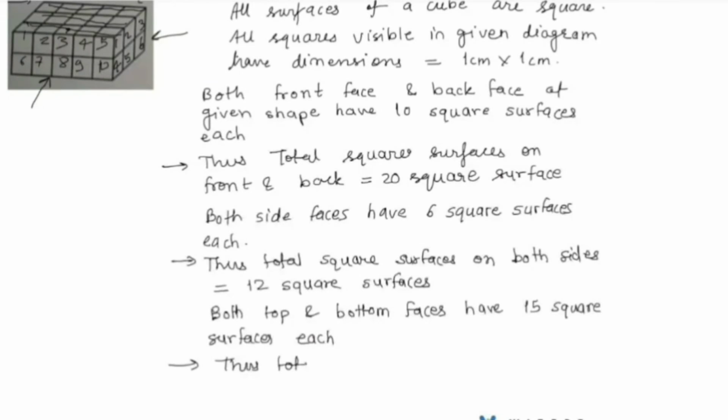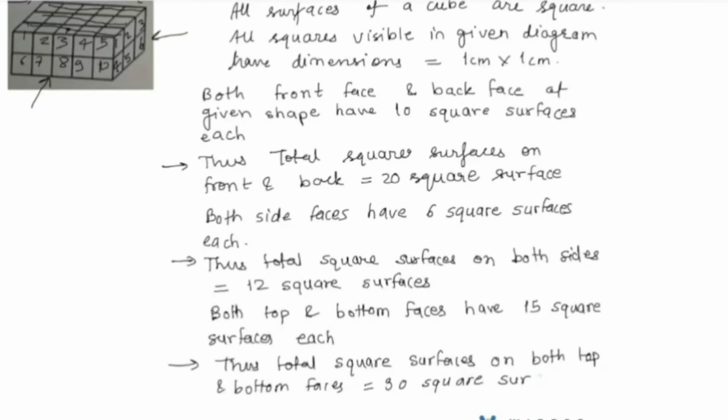So we can say thus total square surfaces on both top and bottom faces equal to 15 plus 15 is 30 square surfaces. Let's see.